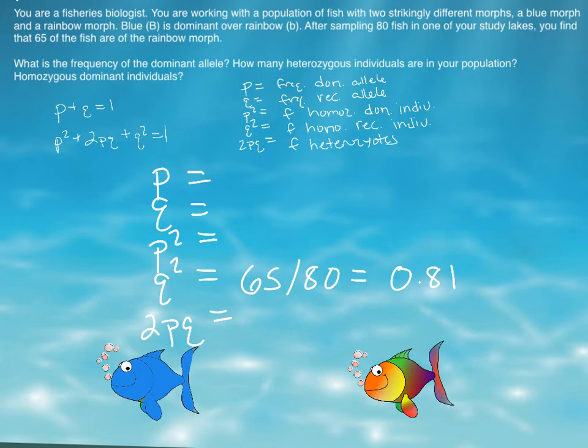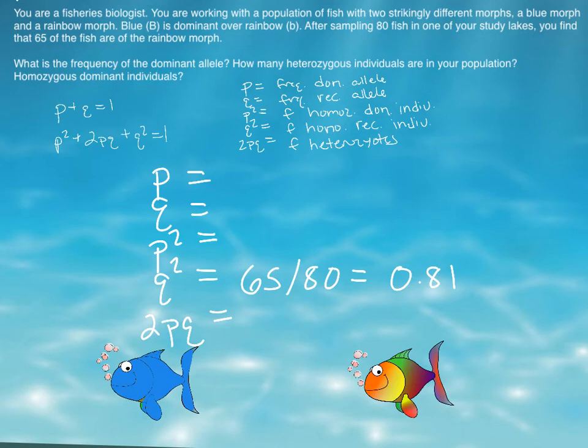So they could be either here or they could be here. We don't know. Just because you are a dominant individual does not mean that you are homozygous dominant. You could be heterozygous dominant and have one recessive allele locked up inside.